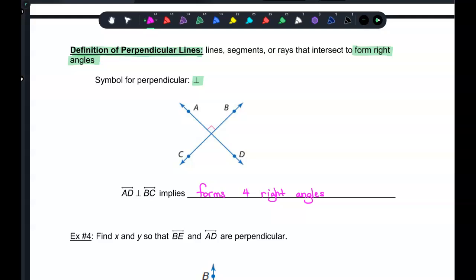Because, why? Well, if this is a right angle, doesn't this on the other side have to be a right angle? And then this one has to be a right angle, and this one has to be a right angle. So they're all right angles here, because they're perpendicular. Anytime it's going to form 4 right angles, because this is a linear pair, these are vertical angles. These have to be the same. These have to be the same.